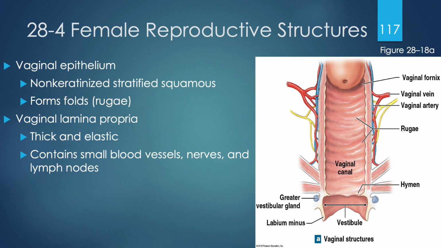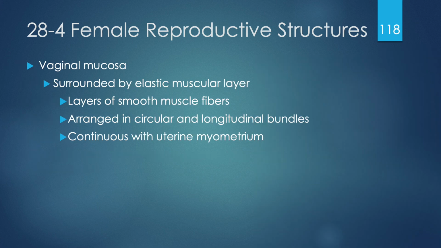The vaginal lamina propria is thick and elastic, and in the lamina propria, we have multiple small blood vessels, nerves, and lymph nodes. The vaginal mucosa is also surrounded by an elastic muscular layer, and this muscular layer is comprised of multiple layers of smooth muscle fibers arranged in both circular and longitudinal bundles. So this is continuous with the musculature of the uterine myometrium.